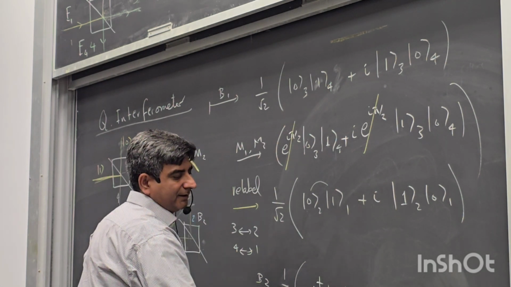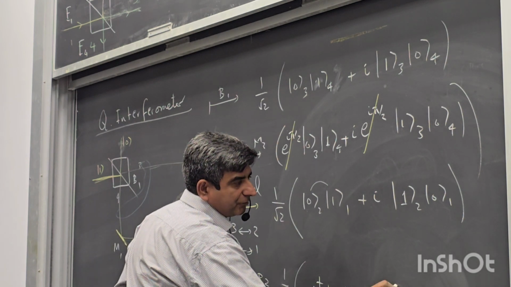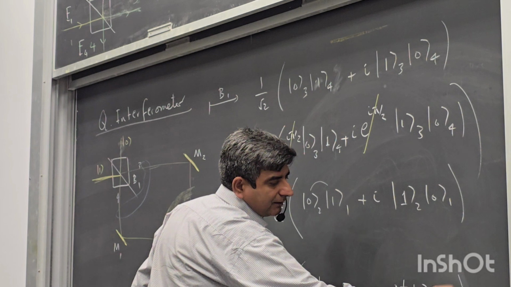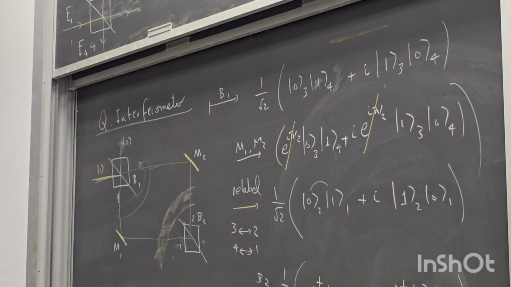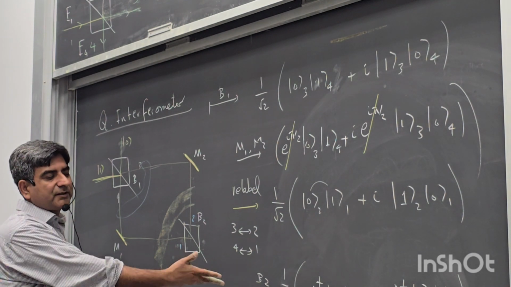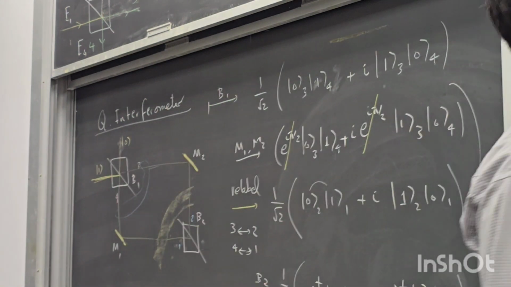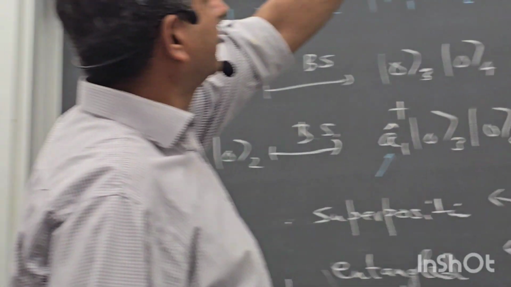And this is iota A2 dagger. Correct? Now this is after the second beam splitter. Now I can use these expressions over here for A1 dagger and A2 dagger.